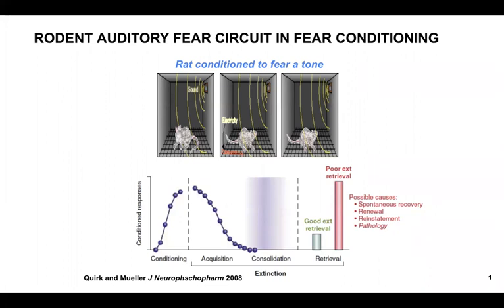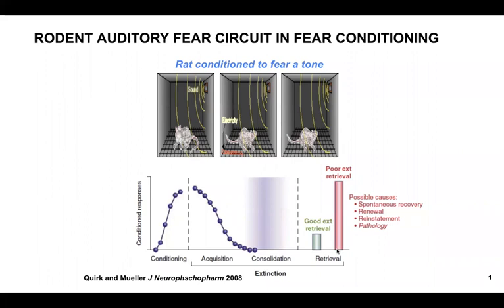Whereas poor extinction retrieval means that the rat is not able to retrieve the extinction memory well, and therefore has not learned to dissociate the two, both tone and shock, and is still pairing tone with shock.